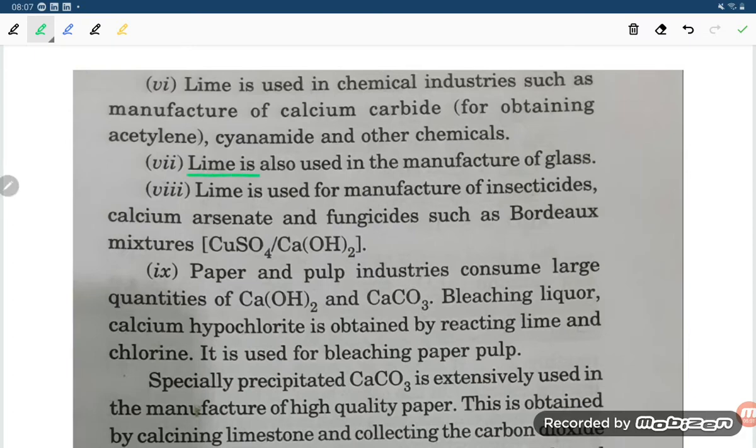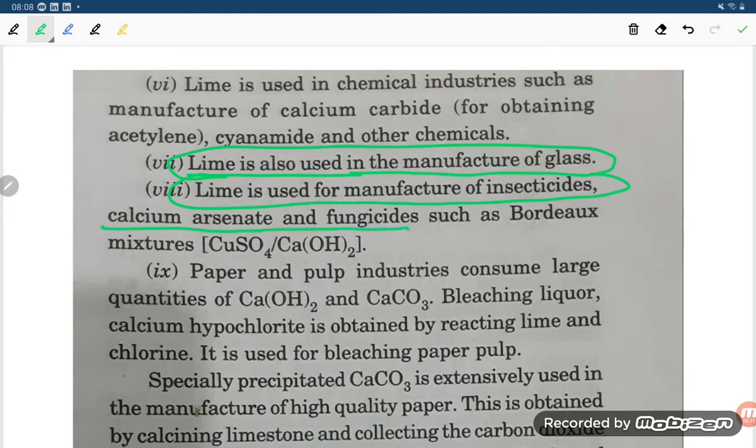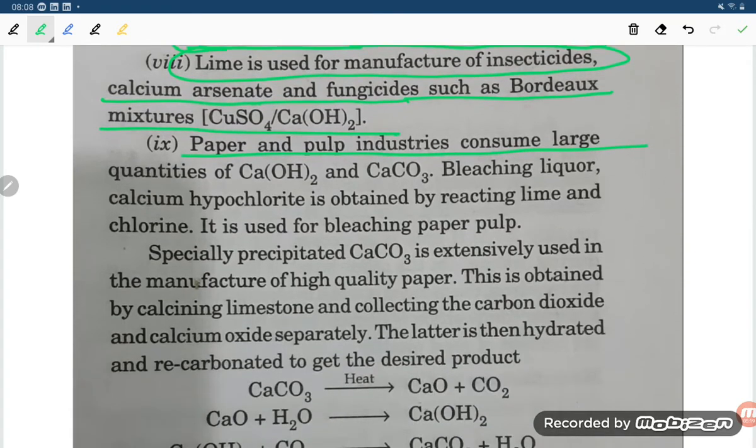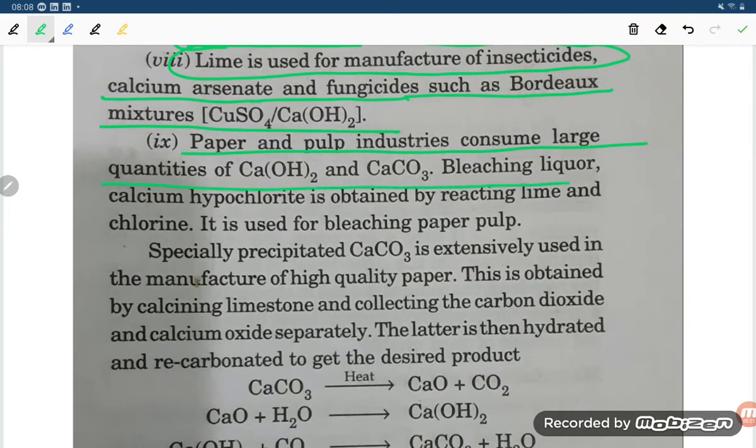Next, lime is used in the manufacture of glass, insecticides such as calcium arsenate, and fungicides such as Bordeaux mixture.